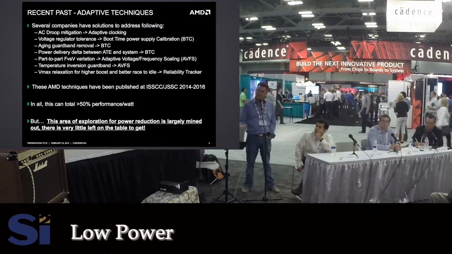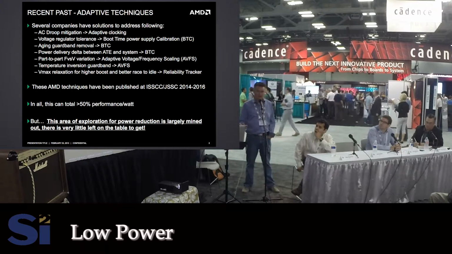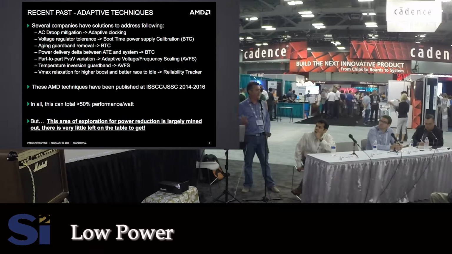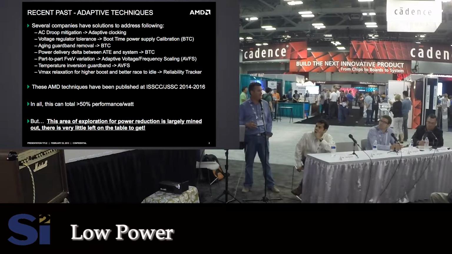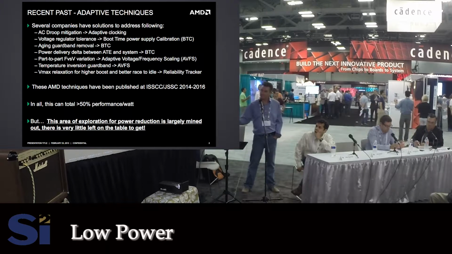Also remove the voltage regulator tolerance, and then also track, from a binning methodology through the manufacturing flow, the differences in power delivery quality between an ATE from a sort insertion to a packaged ATE insertion to a final system level test in an end system. And then to not add guard band for any of those stages, but instead to compensate based on adaptive techniques.